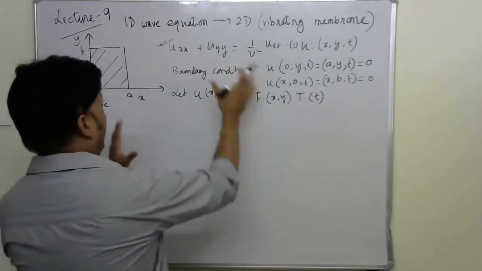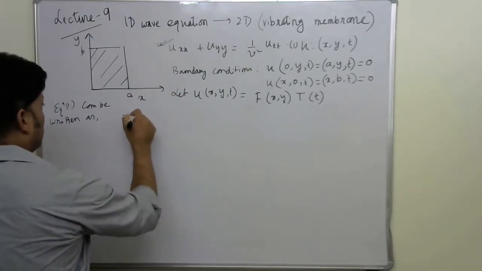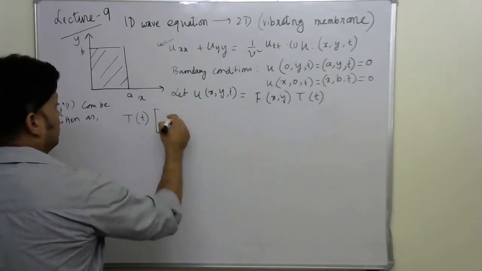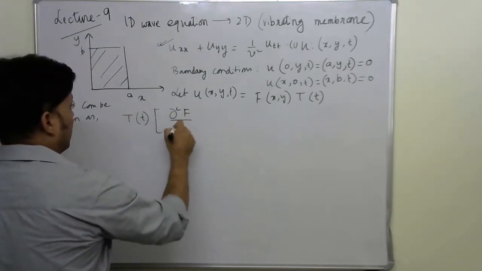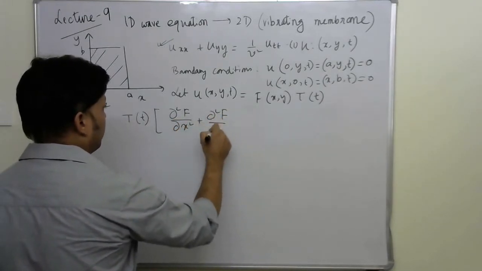We can directly write this over here. So this would be the common factor, and ∂²F/∂x² plus ∂²F/∂y².